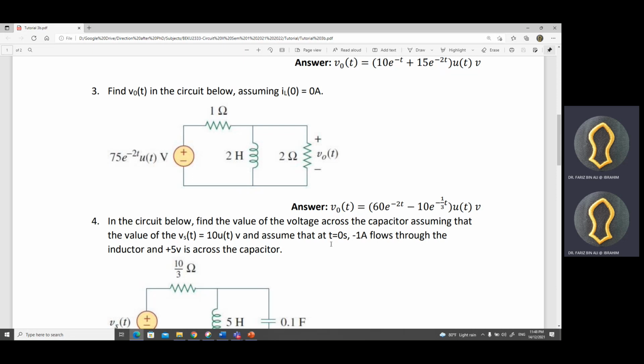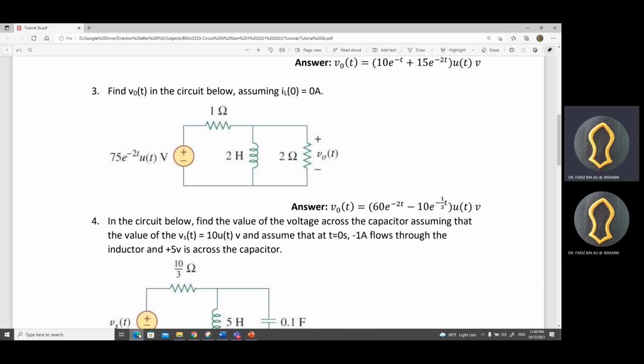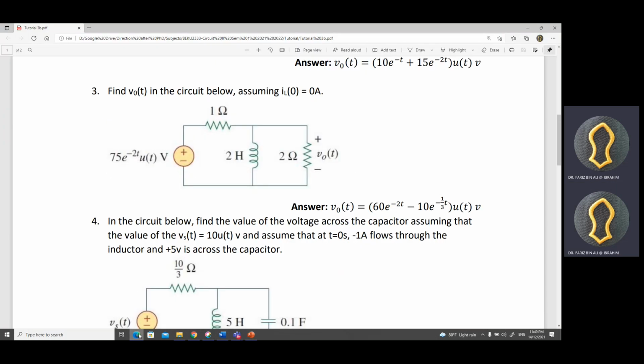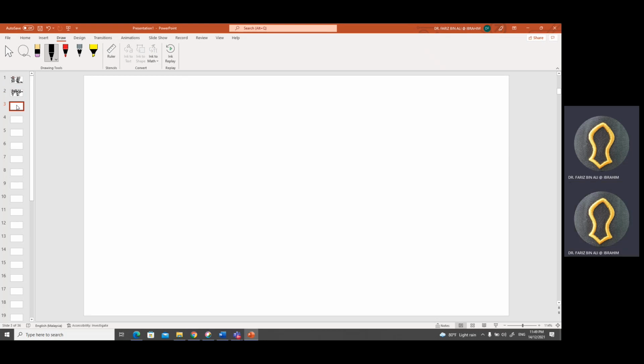And don't forget the unit is volt. Right, so that is the answer. All right, solved question number 3. So now we move to question number 4.